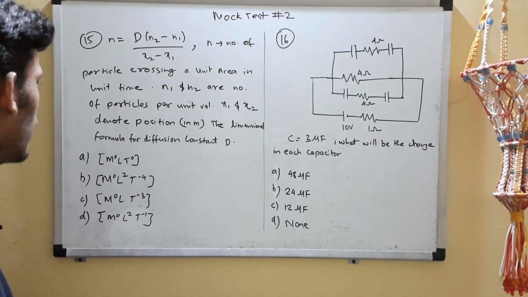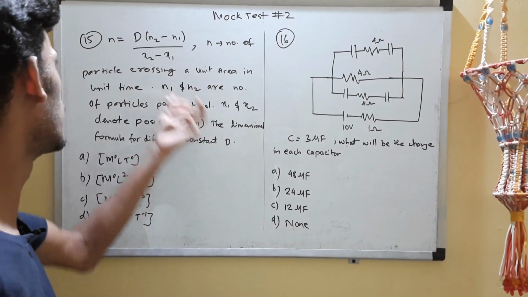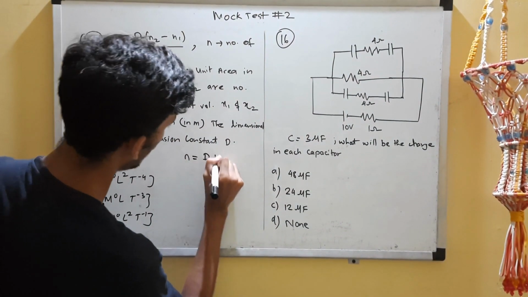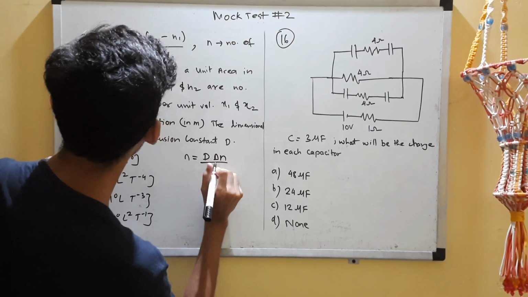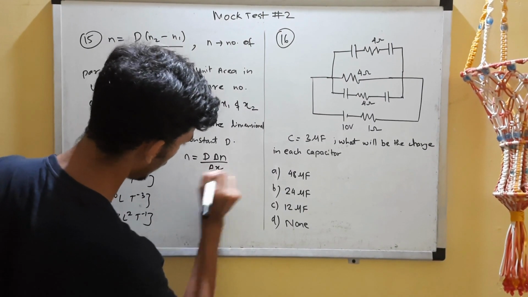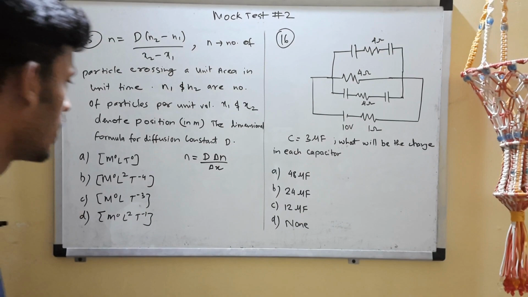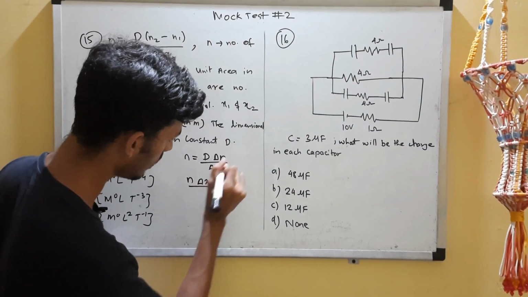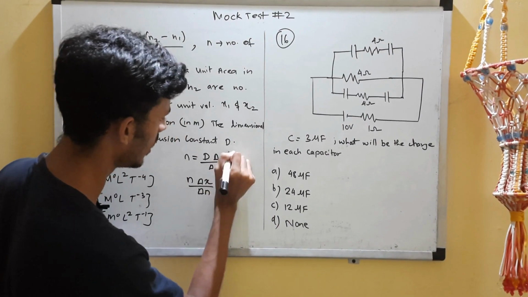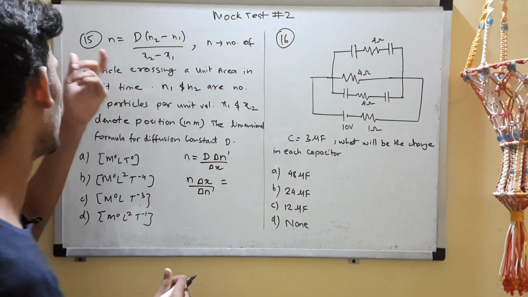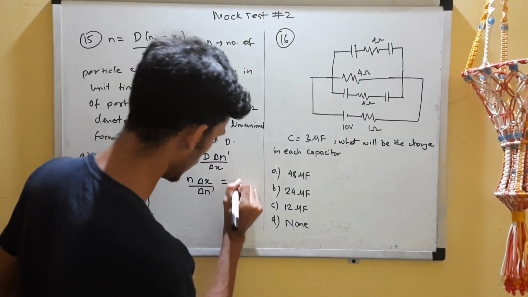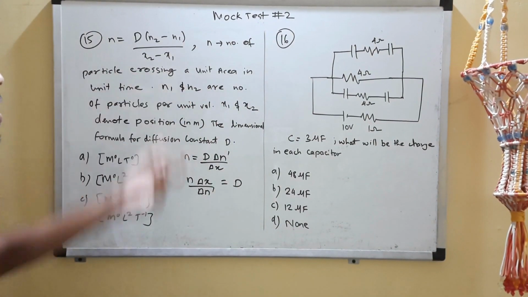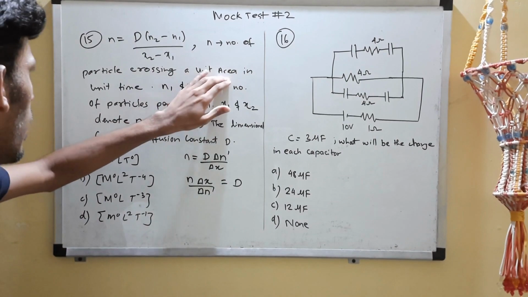Then we need the dimensional formula for the diffusion constant D. I can write it this way: n equals D, delta n over delta x. That makes it simple. So we have D equals n times delta x divided by delta n. Now this n is the number of particles crossing a unit area in unit time.